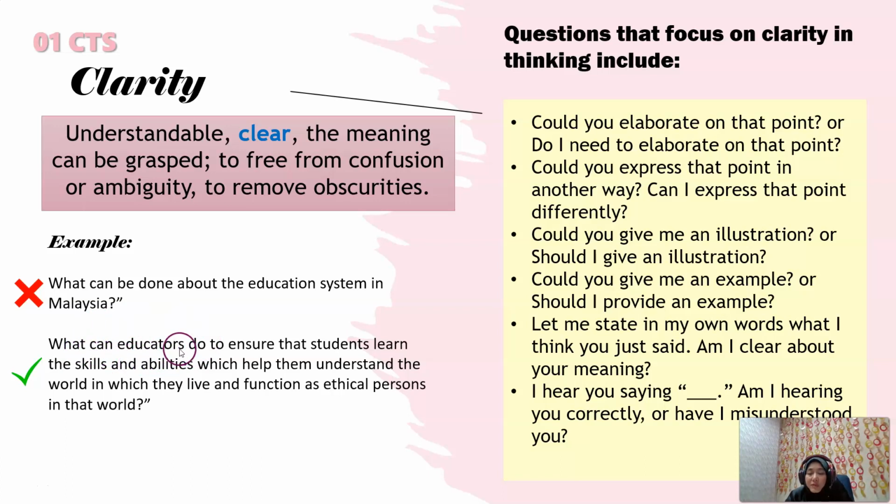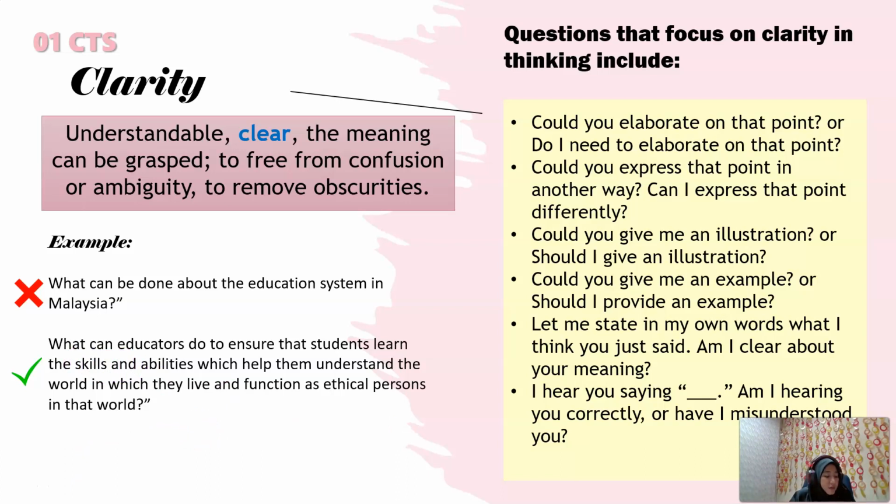It is more specific, we want to know what educators can contribute to ensure that students learn the skills and abilities which help them understand the world in which they live and function as ethical persons in that world. So you know exactly who, and what the case is about. That is clarity.